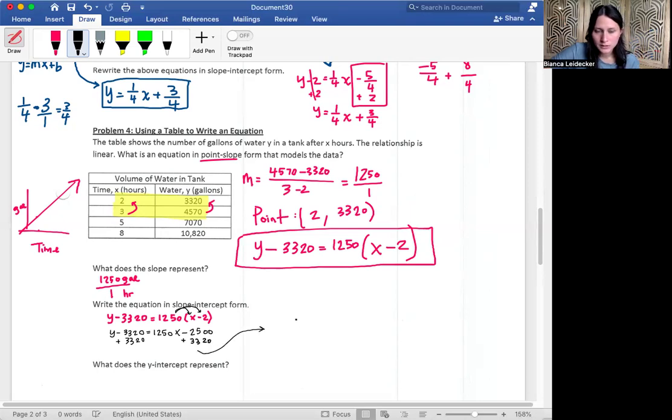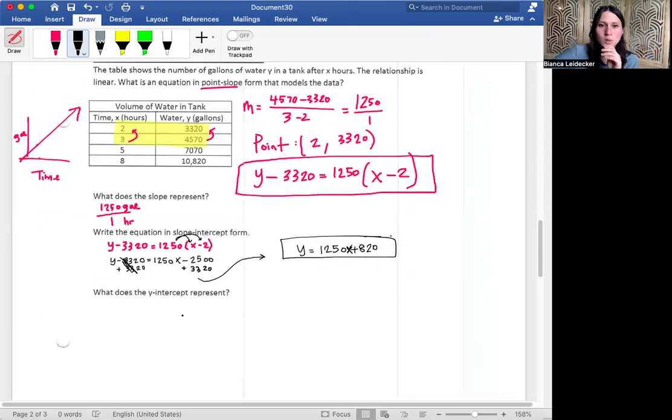When I add the two together, it's 820. So this will be 1,250x plus 820. Oh, I forgot the x here. This is now in y equals mx plus b form.